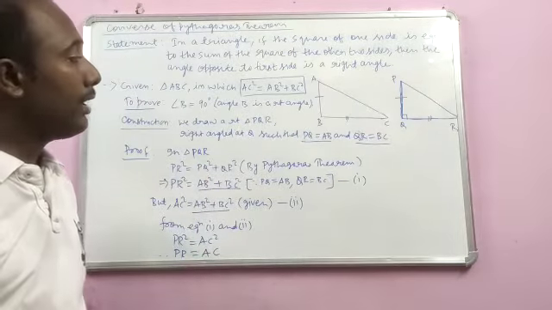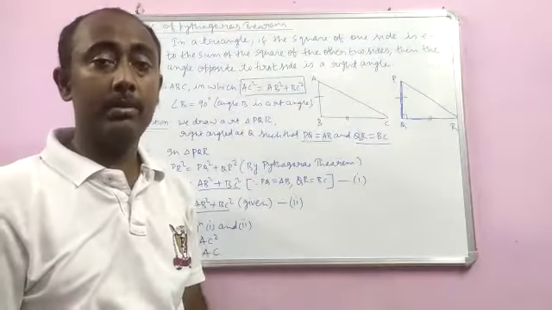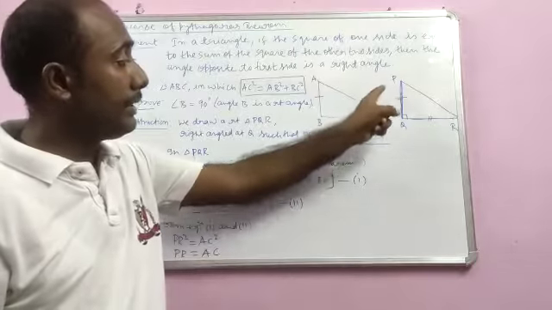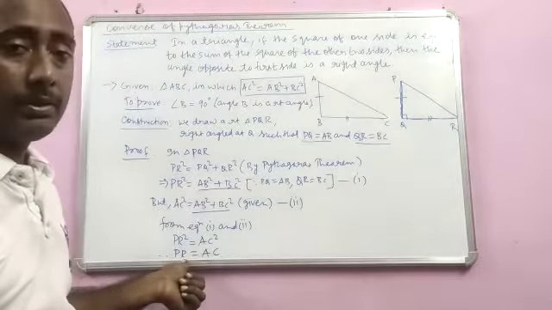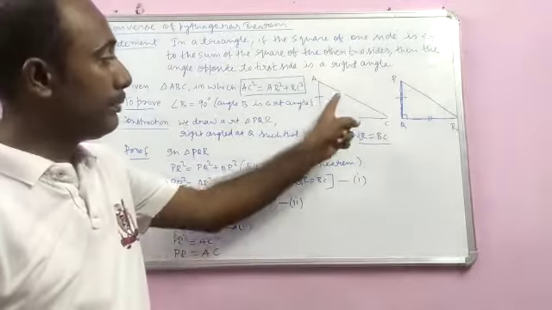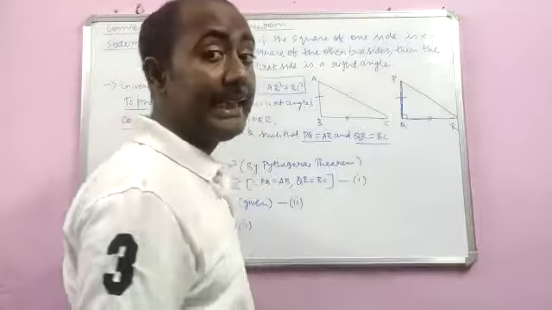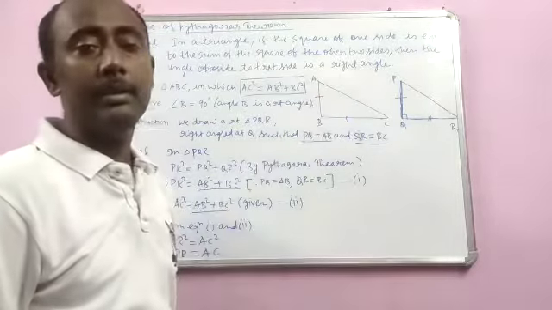After this, now we see that we can easily prove these two triangles congruent. I am talking about congruency part. Because the two sides were equal by construction, and the third side we have proved equal, that PR is equal to AC, so we can prove these two triangles congruent. So this angle B will become equal to angle Q by CPCT, and since Q is 90, B will become 90 degree.